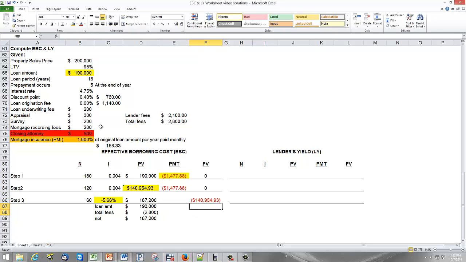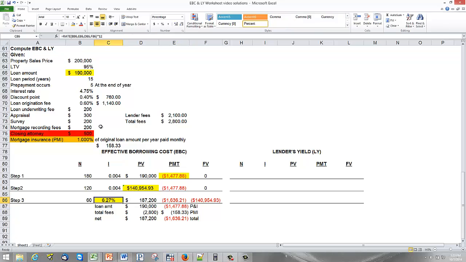So let's do monthly principal and interest, then PMI, then total. So PMI is going to be equal to this amount that I calculated right there. So that's the total right there. So I just plug that back into my formula, and you get 6.27%. And so now that's correct.